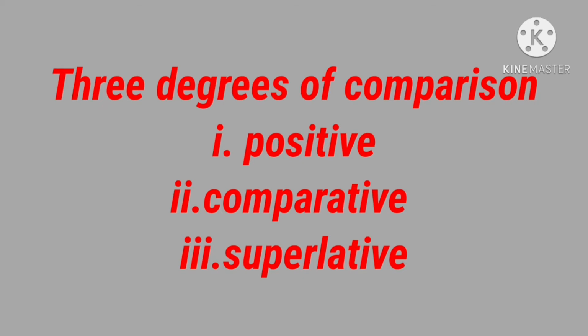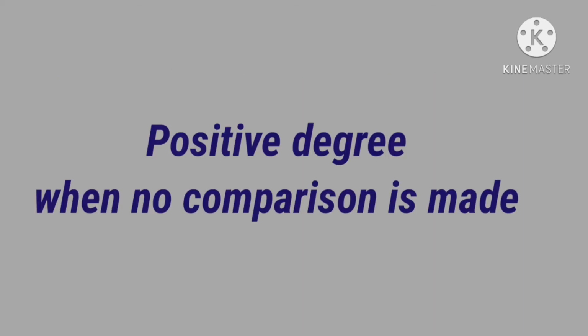First, positive degree. The positive degree of an adjective is the adjective in its simple form. It is used when no comparison is made. Where do we use the positive degree? We use the positive degree when no comparison is made.